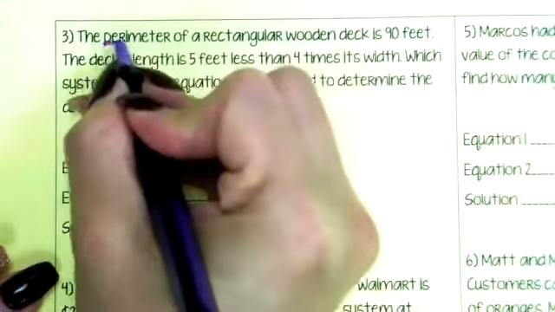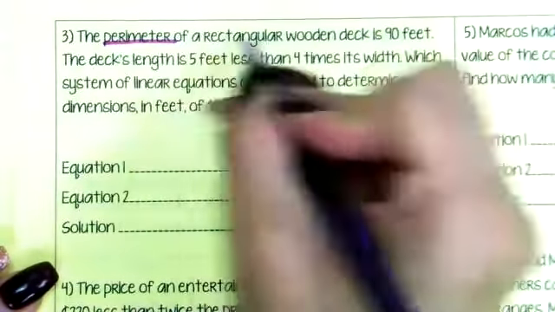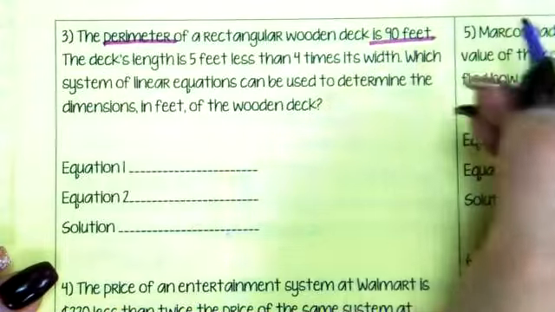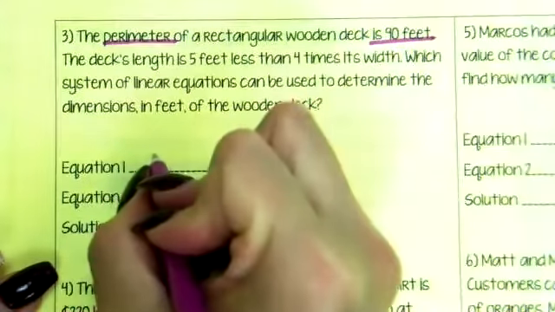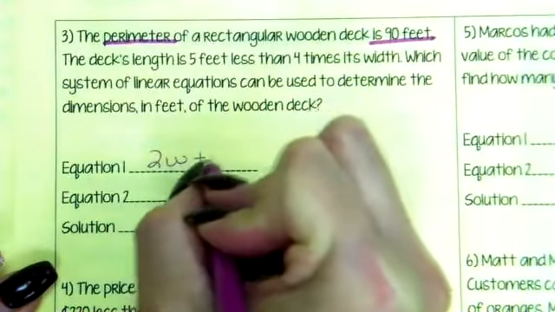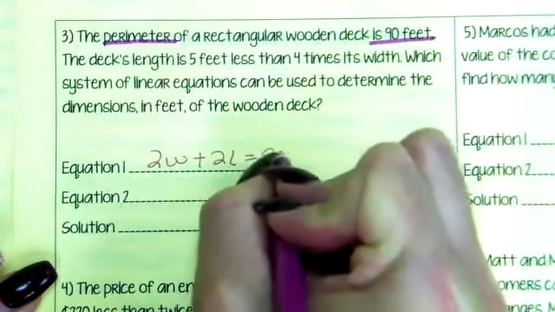The perimeter of the deck is 90 feet. We talked about the perimeter being 2 widths and 2 lengths. So that one is easy because we know it's 2 widths plus 2 lengths equals 90 feet.